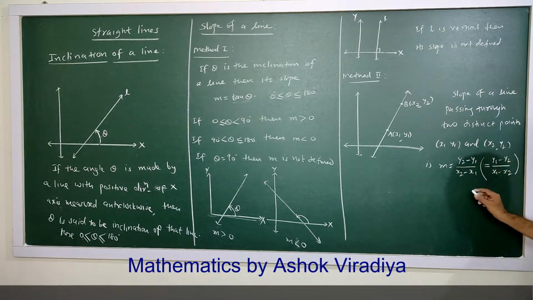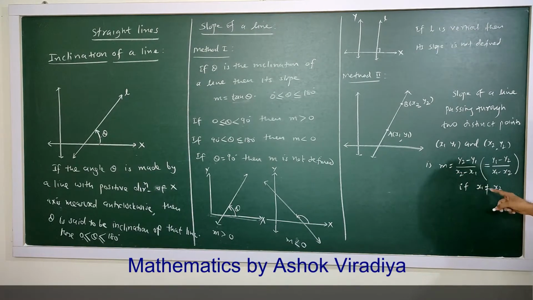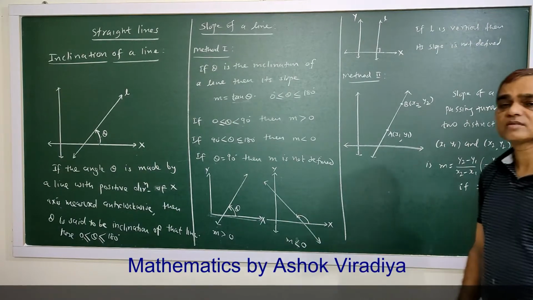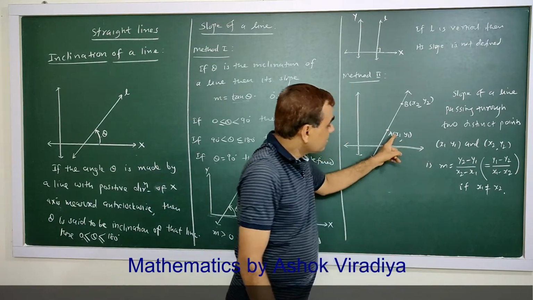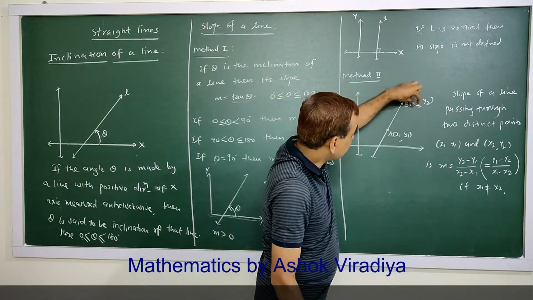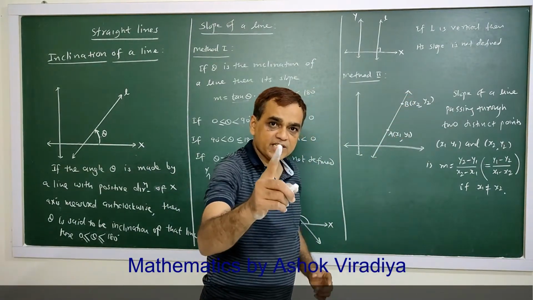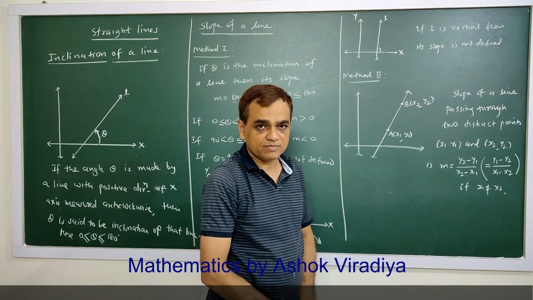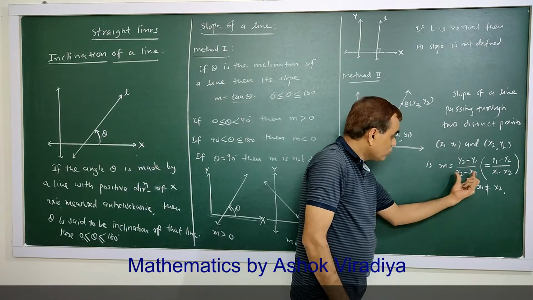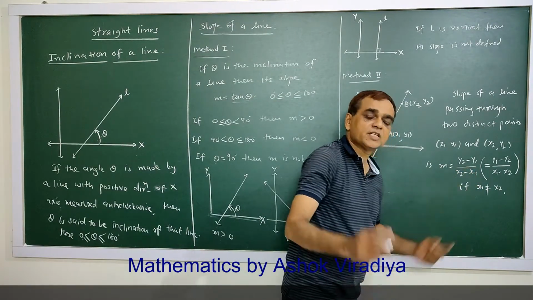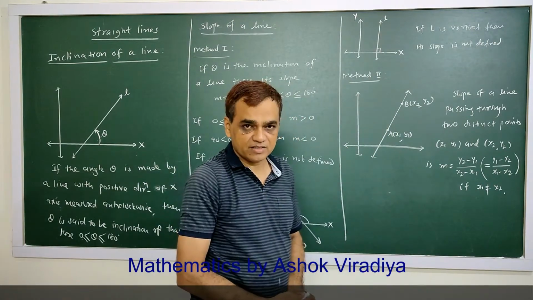So this is applicable if x1 is not equal to x2. If x1 equals x2, the x coordinates are the same, that means it is a vertical line, and the denominator will be 0. So the slope is not defined.